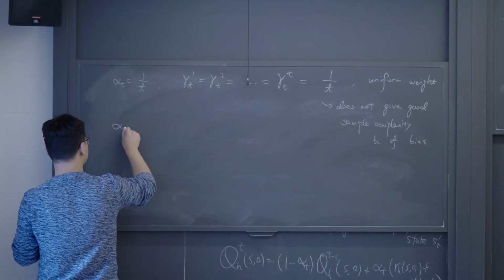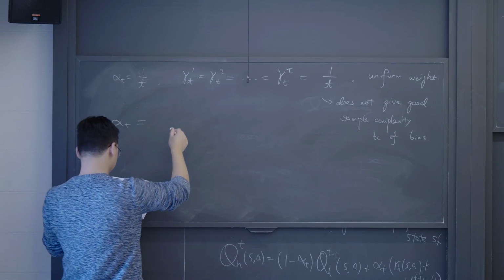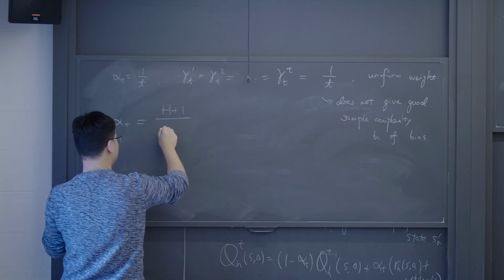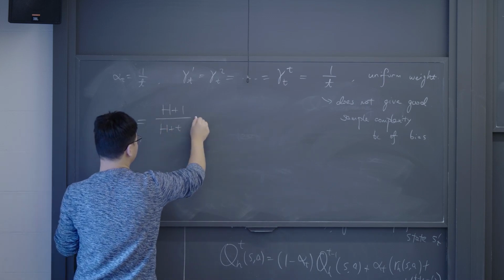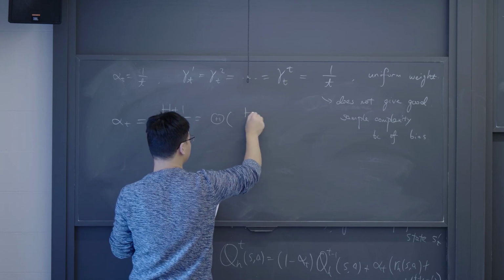is something like alpha t equal to (H+1)/(H+t), which you can think is roughly on the order of H over t.